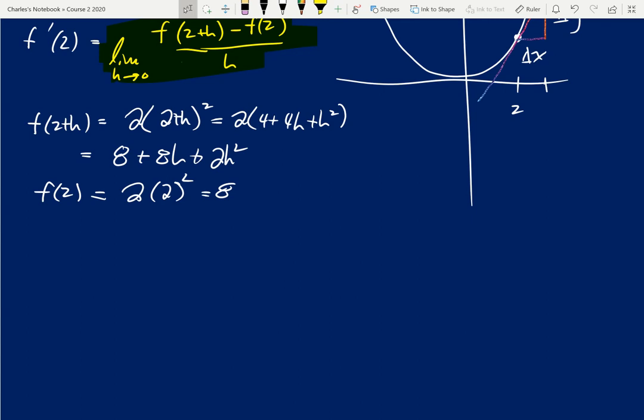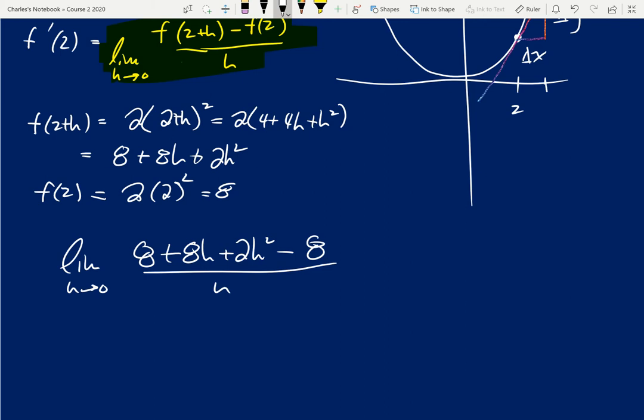So now I want the limit as h approaches 0 of f of 2 plus h, which is 8 plus 8h plus 2h squared, minus f of 2, which is 8. And I want that divided by h. What you'll notice happens with these, which is convenient, is the things that don't have an h in them knock each other out.